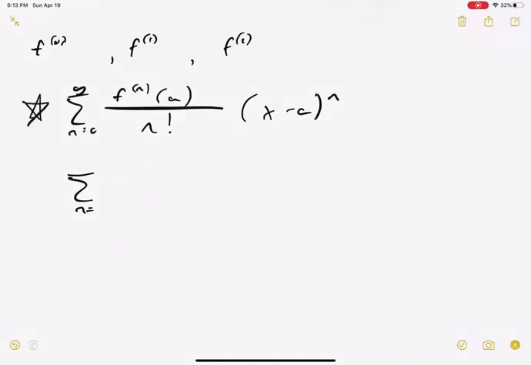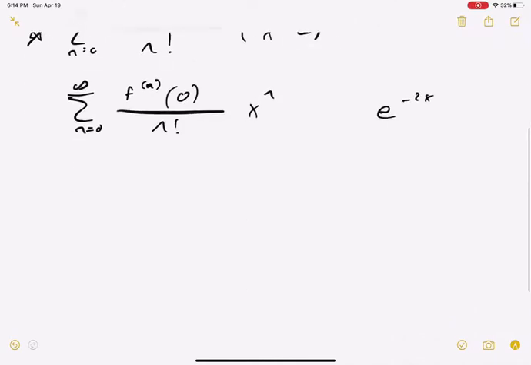And then just remember that when they say Maclaurin series, A is 0. Okay, so we want this thing for our function e to the negative 2x. So let's start by just finding a bunch of derivatives for e to the negative 2x and see if we can spot a pattern. We do need to spot a pattern for this.